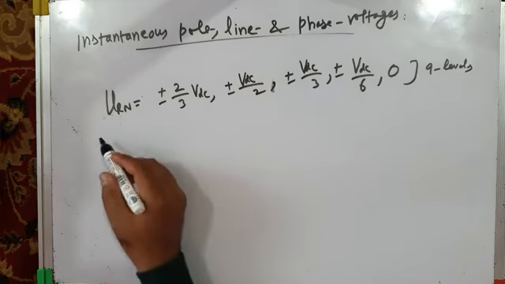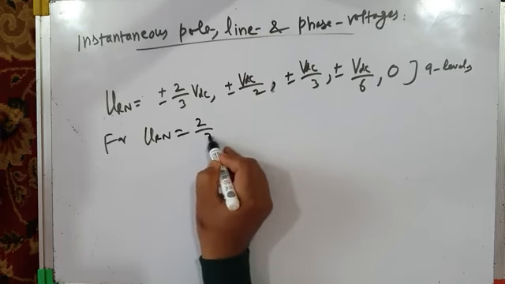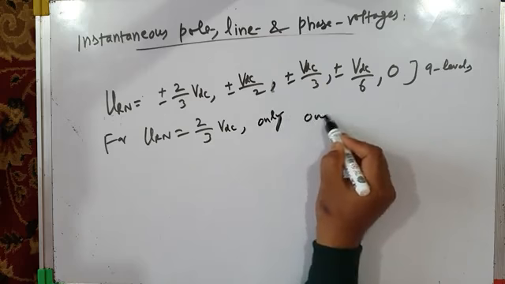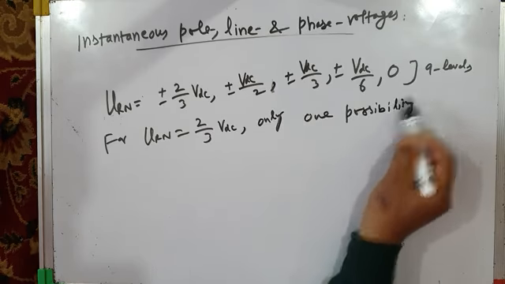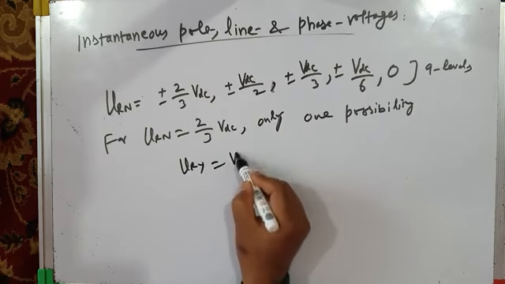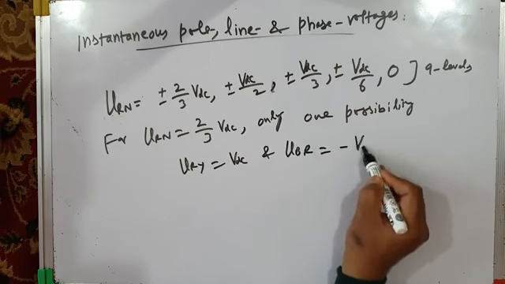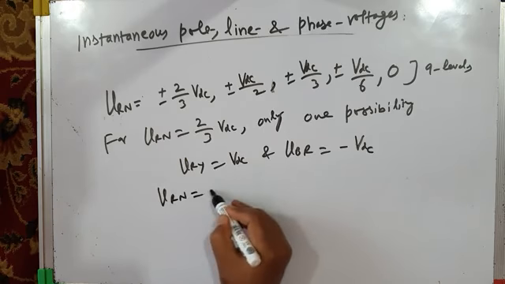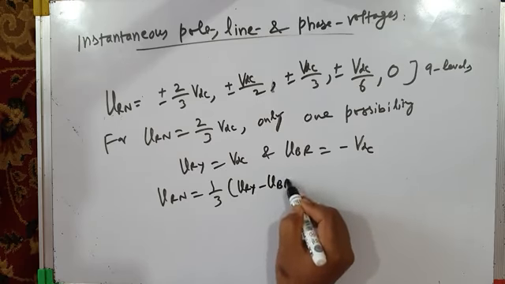For phase voltage VRN equal to 2 by 3 VDC, we can have only one possibility, and that possibility is that VRY should be equal to VDC and VBR should be equal to minus VDC. VRN is 1 by 3 times VRY minus VBR. This is the formula.